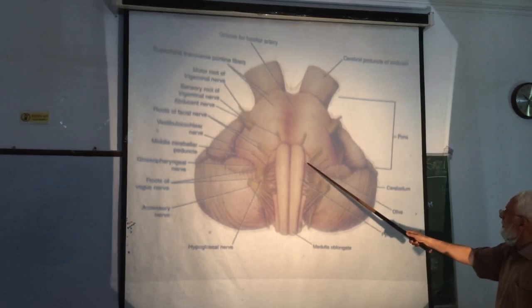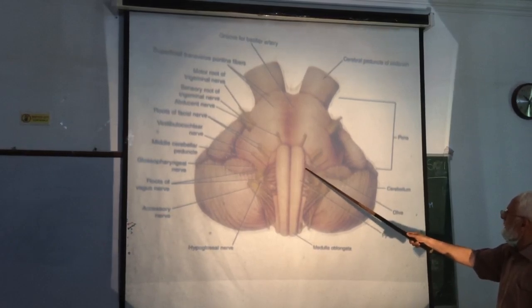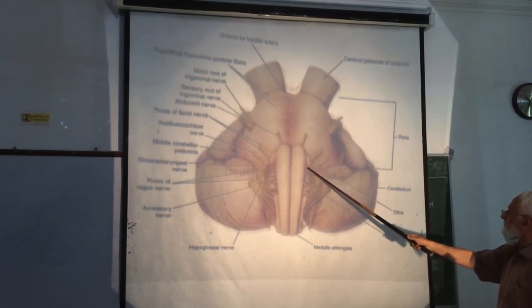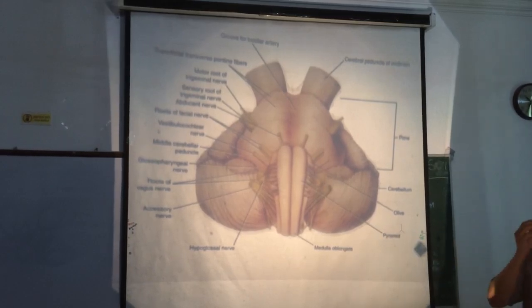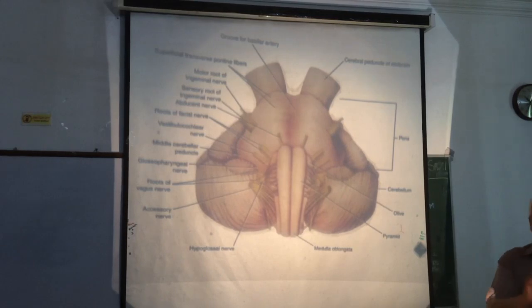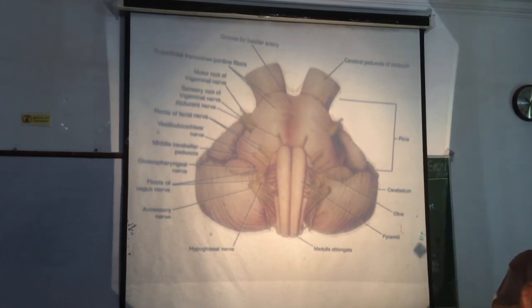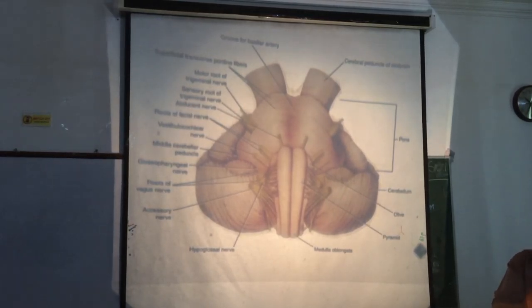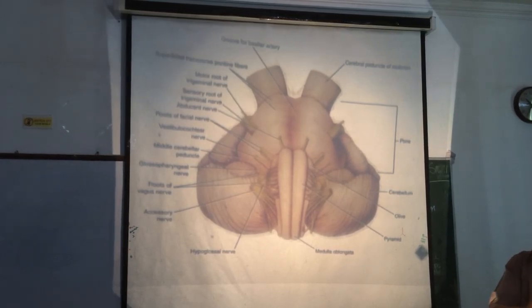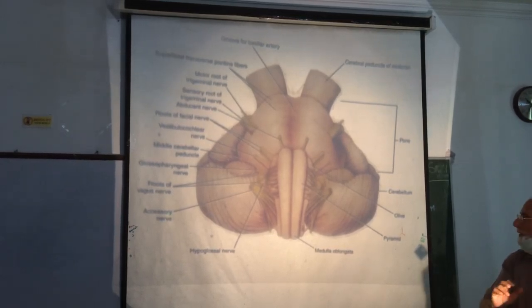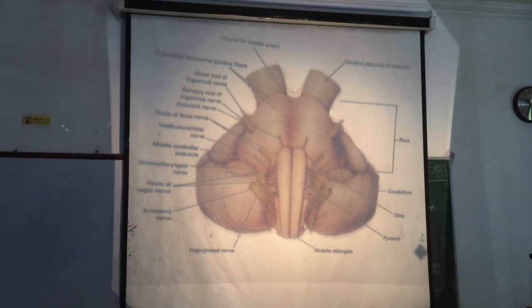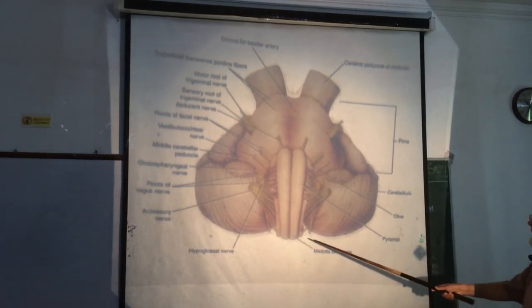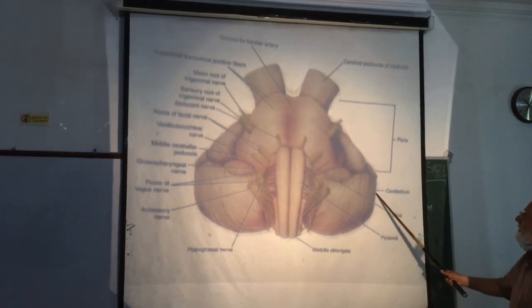And posterior to olives are the inferior cerebellar peduncles, which connect the medulla oblongata with the cerebellum.